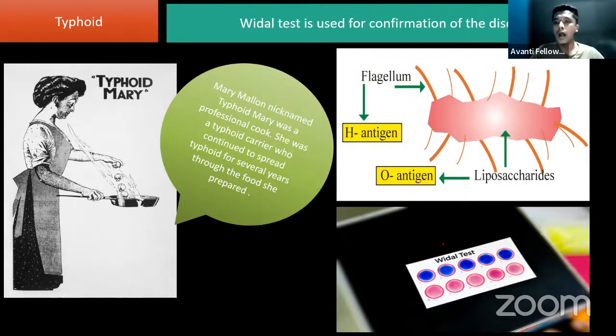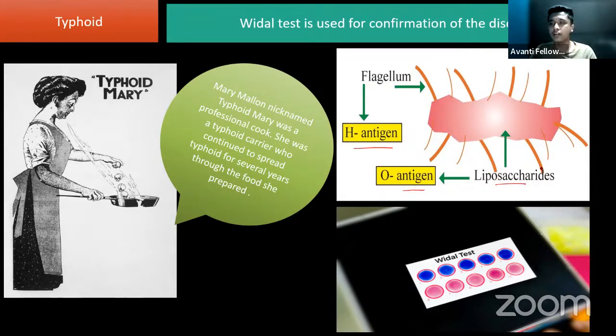How do we test for typhoid? How do we detect whether this disease is typhoid or something else? We take blood samples and conduct an antigen-based test called the triple antigen test. You can see here the antigens from the flagella, that is the H antigen, the antigen from the cell wall, that is the O antigen, and some antigens like lipopolysaccharides are detected.